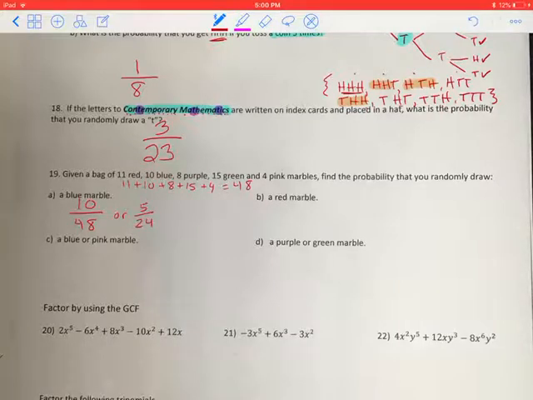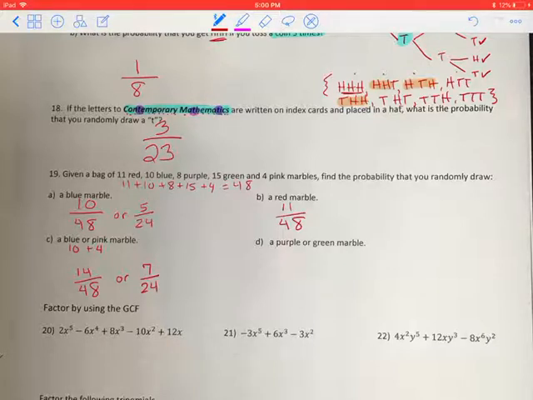The chances of getting a red marble would be 11 out of 48, since there's 11 red, and that one doesn't reduce. Then we have blue or pink. There's 10 blue and 4 pink, so that would be 14 out of 48, or you could write that as 7 out of 24.